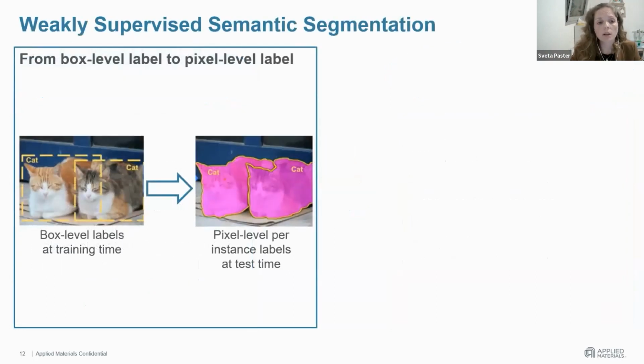So we will start. As we understand, we are talking here about weakly supervised semantic segmentation, and we will start from box level label to pixel level label. We have these rectangles of annotations during the training, and at test time, we want to get a segmentation map. It's very similar to what we have, only instead of rectangles, we have ellipses.